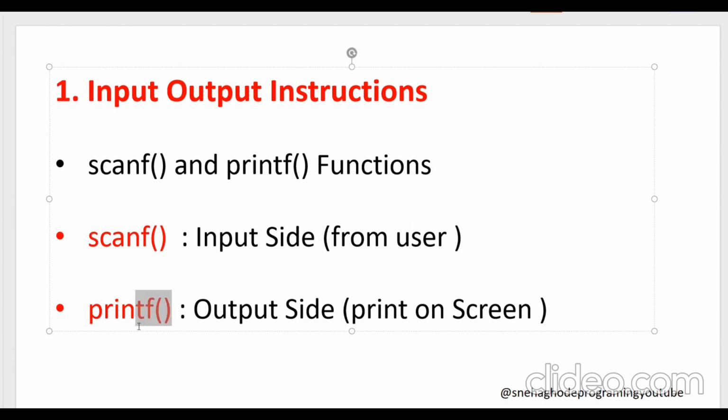Then printf, the name itself tells us that we are going to print the value, so that value is visible to us on the output screen. So scanf is used for getting the value from the user and storing it in the memory location, and printf is a function used to fetch the data stored in the memory location and print it on the screen.